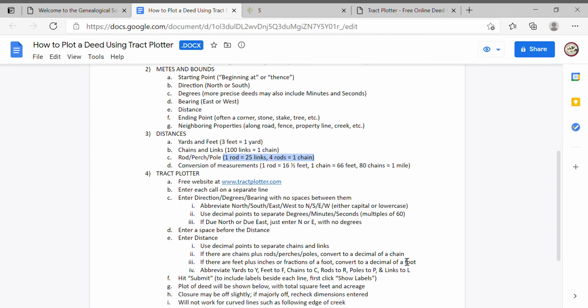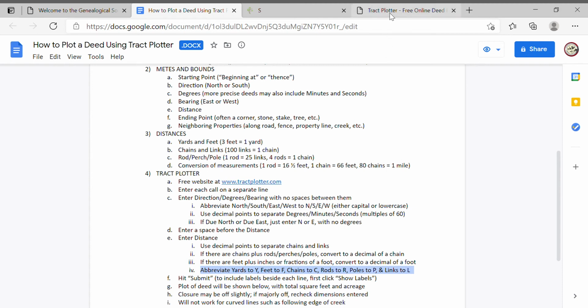Again, if there's feet plus inches, we're going to convert that to a decimal of a foot. For instance, 3 feet and 6 inches, we would change to 3.5 because it's 0.5 of a foot. And then we're going to also abbreviate the measurements: yards to Y, feet to F, chains to C, rods to R, poles to P, lengths to L, like that.